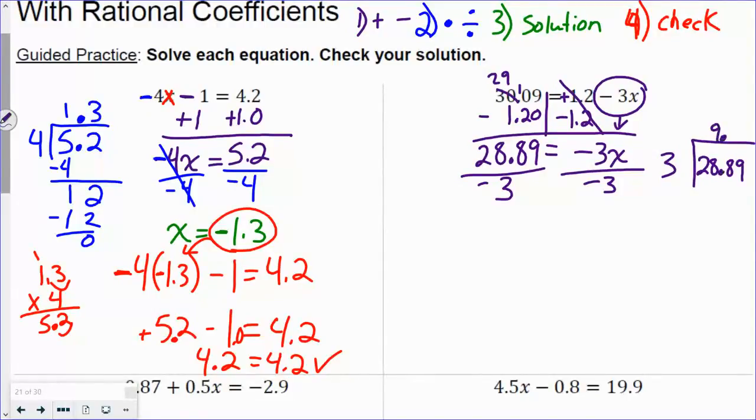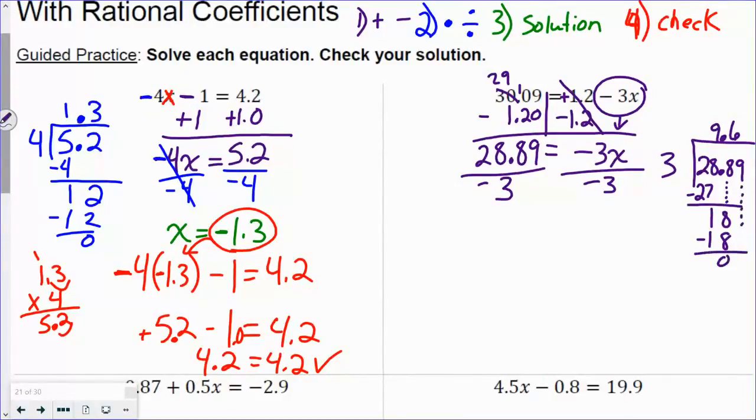So my decimal is right straight above, minus 27. Then we'll bring down our 8. 3 goes into 18 6 times. Okay, minus 18.